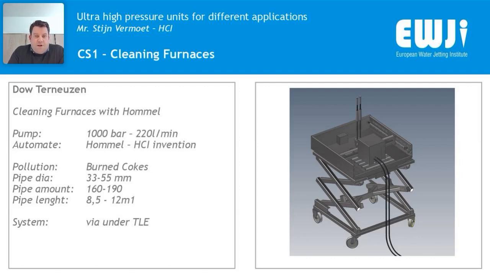For that we sometimes use a WOMA from Sigmar, 1,000 bar with 220 liters. If you see, they are pipes with a big inside diameter. If you have any questions, just ask in the chat.